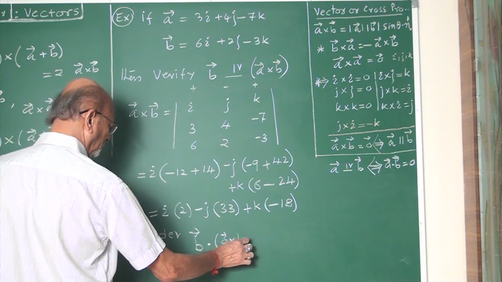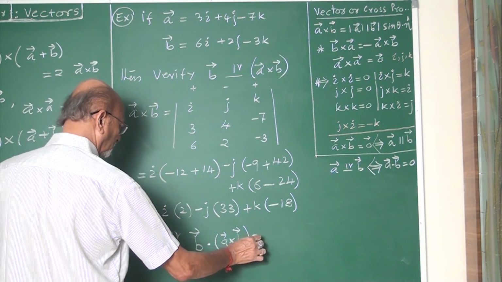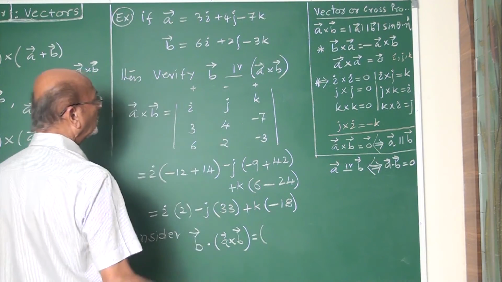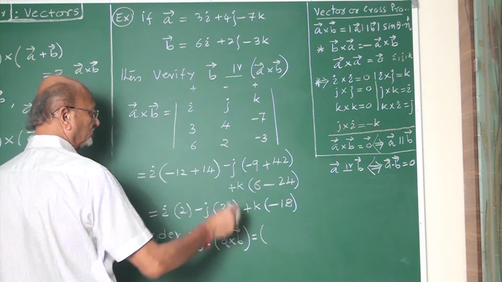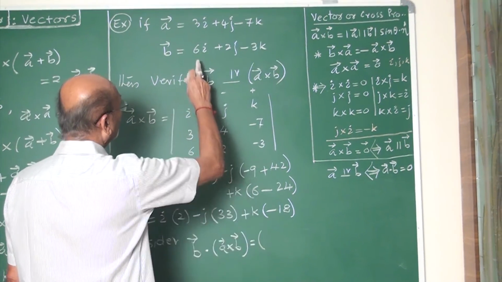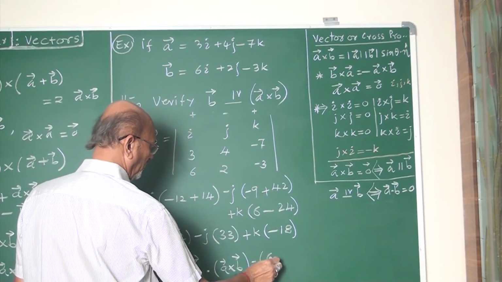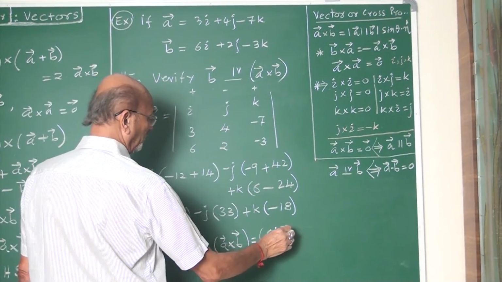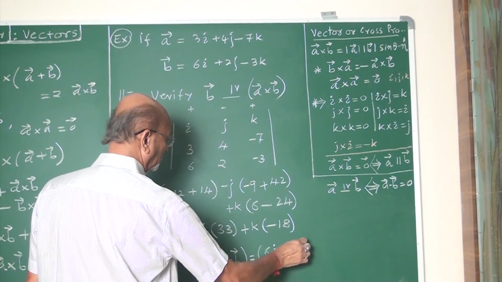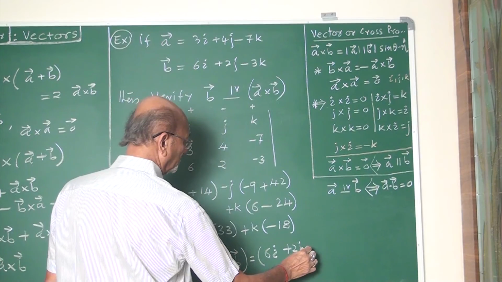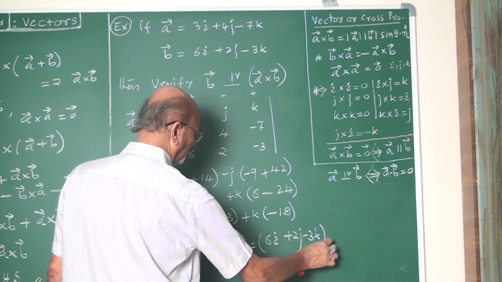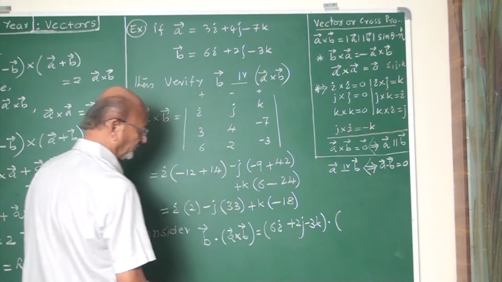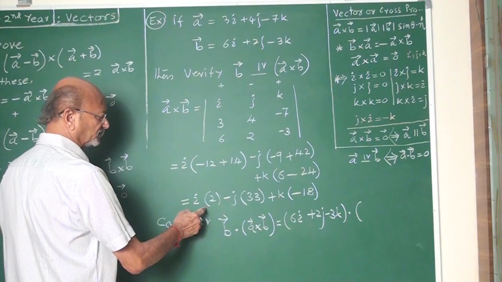Equal to, write B. B is 6i plus 2j minus 3k, dot. A cross B is this, my friends.